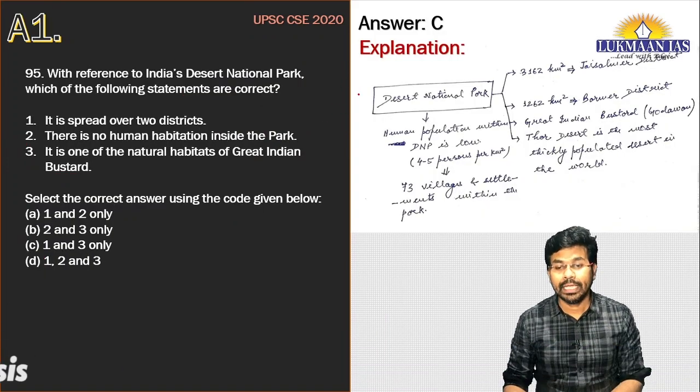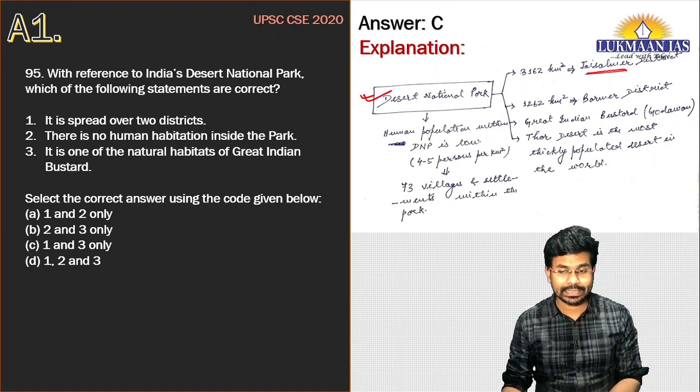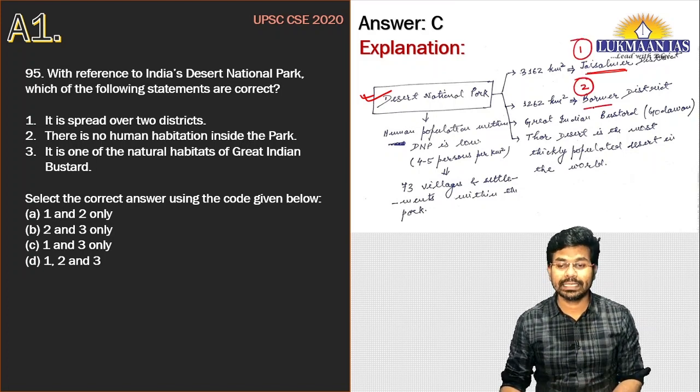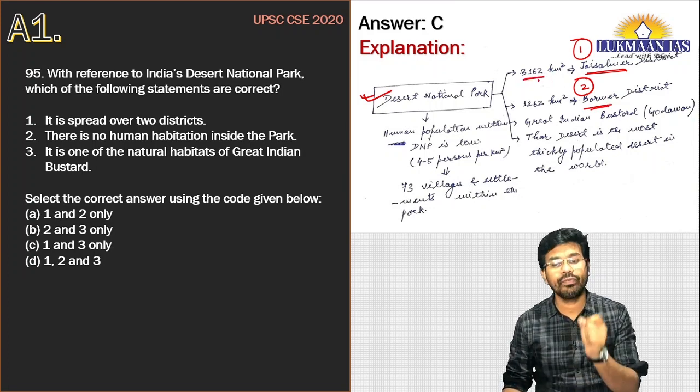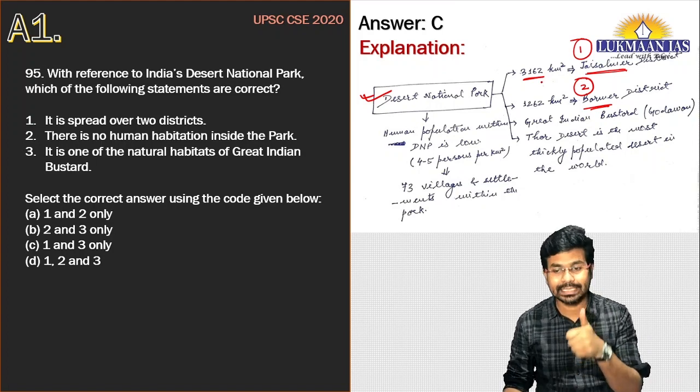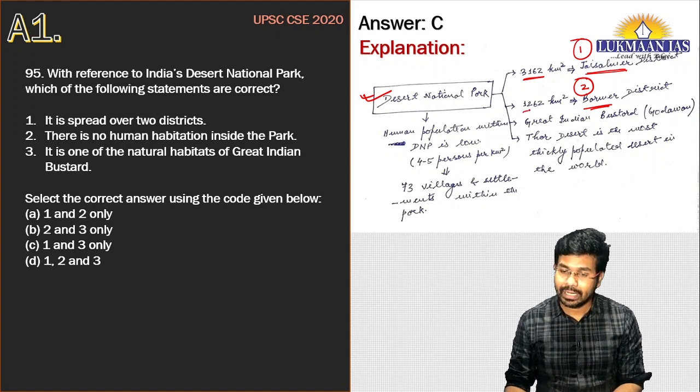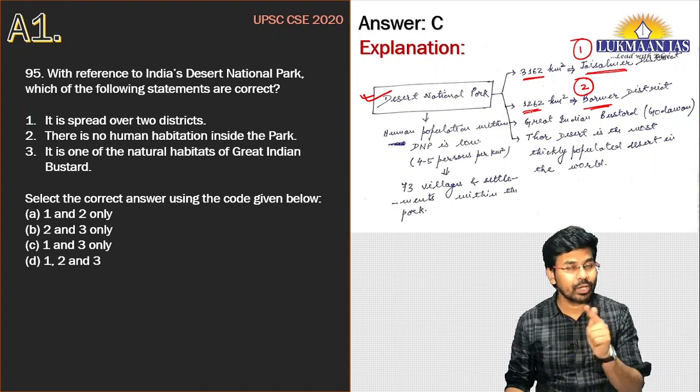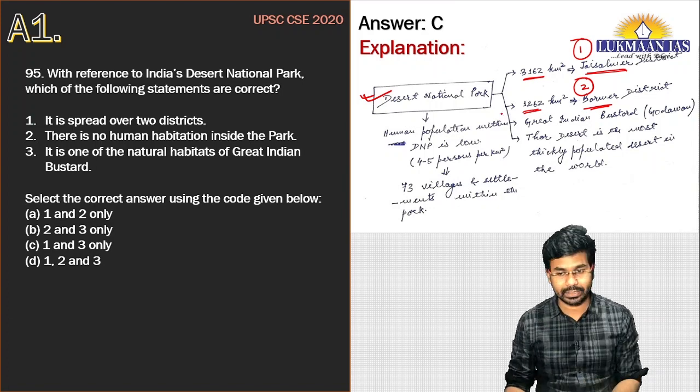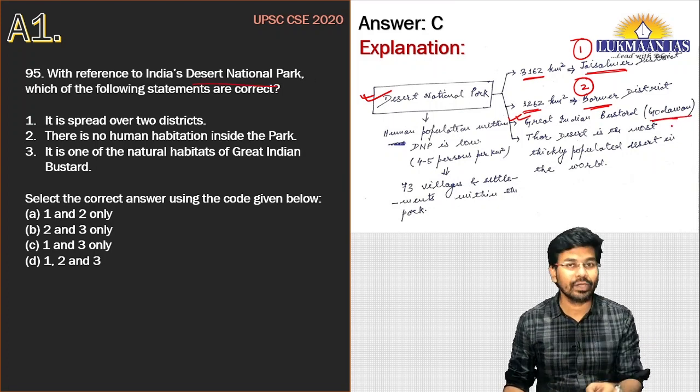If we talk about Desert National Park, it is located in the state of Rajasthan, and it expands in 2 districts. One district is Jaisalmer and the other is Barmer. In the Jaisalmer district, it occupies an area of around 3,162 square kilometers. In the Barmer district, it occupies 1,262 square kilometers. Great Indian Bustard is found in the Desert National Park, and it is locally known as Godawan in the state of Rajasthan.